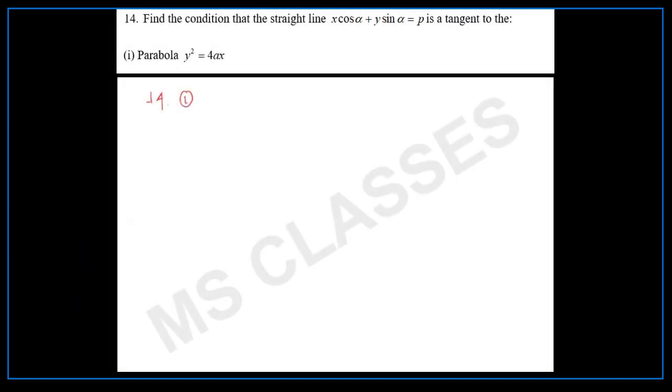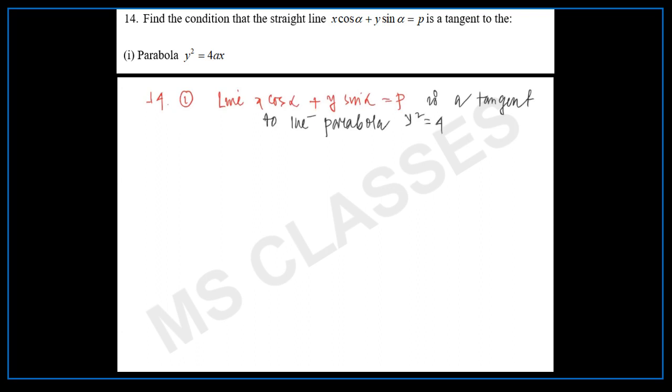It is given that the line x cos alpha plus y sin alpha equal to p is a tangent to the parabola y square equal to 4x.